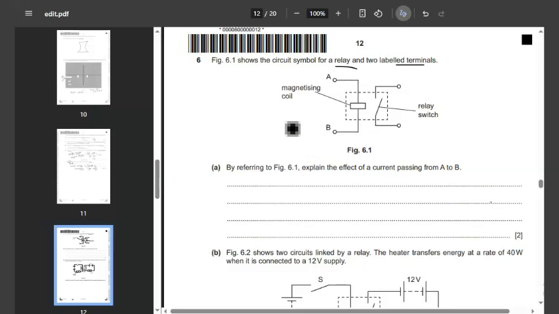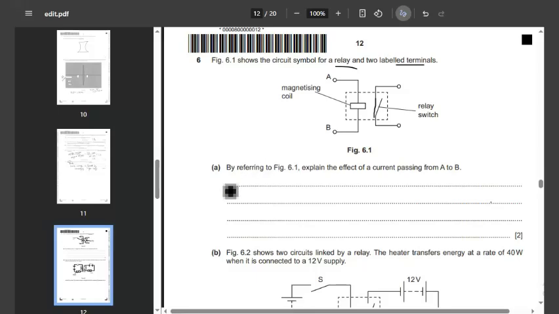So when a current passes through A and B, the magnetizing coil will become magnetic. So there will be a magnetic field, and this magnetic field will attract this relay switch, and this relay switch will then close.